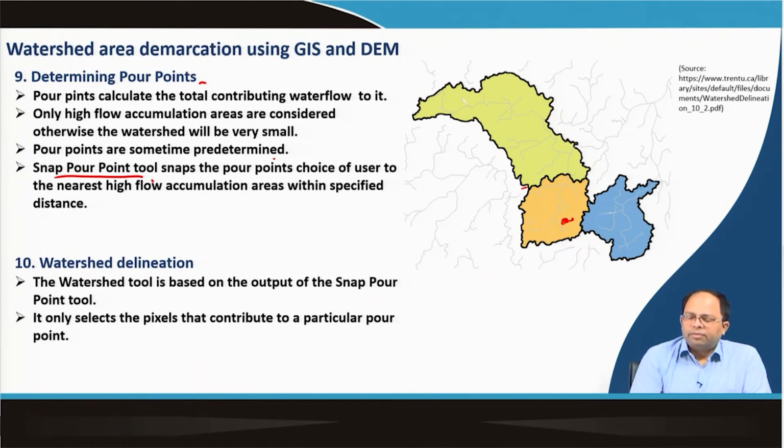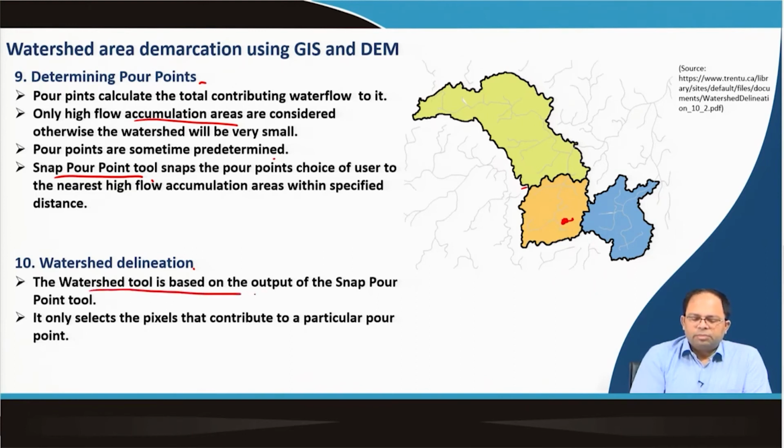Based on that, one pour point would be considered, and again only high flow accumulation areas are considered, otherwise every point will look like a pour point, right? So, that is why we only choose the higher flow accumulation areas, and we delineate the watershed for each of these pour points.